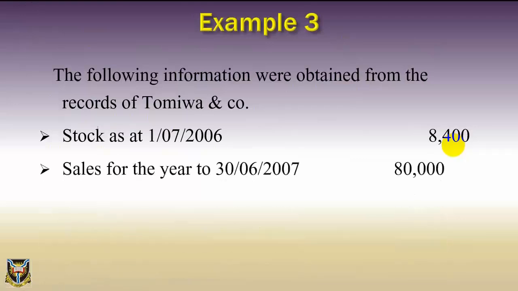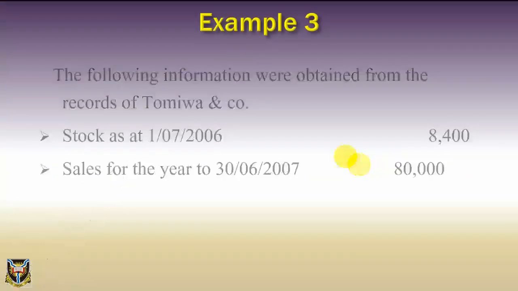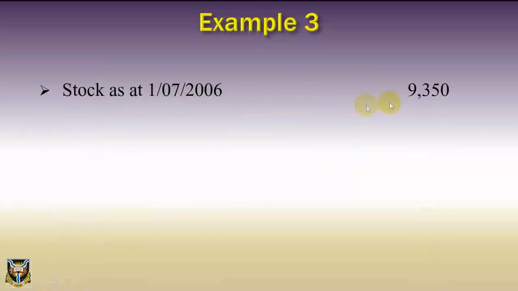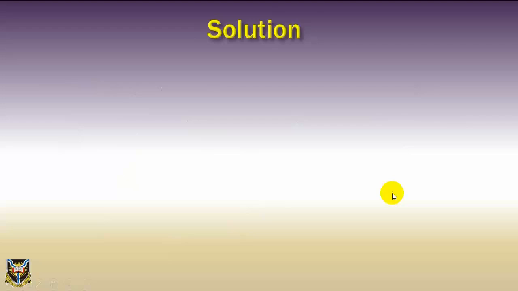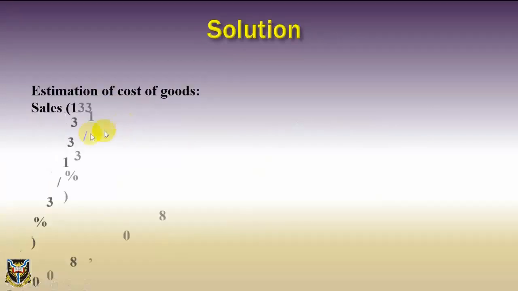Sales for the year to 30/6/2007, 80,000. Stock as at 30/6/2007, 9,350. You are required to ascertain the purchases during the year if the business uses a markup of 33 1/3%.